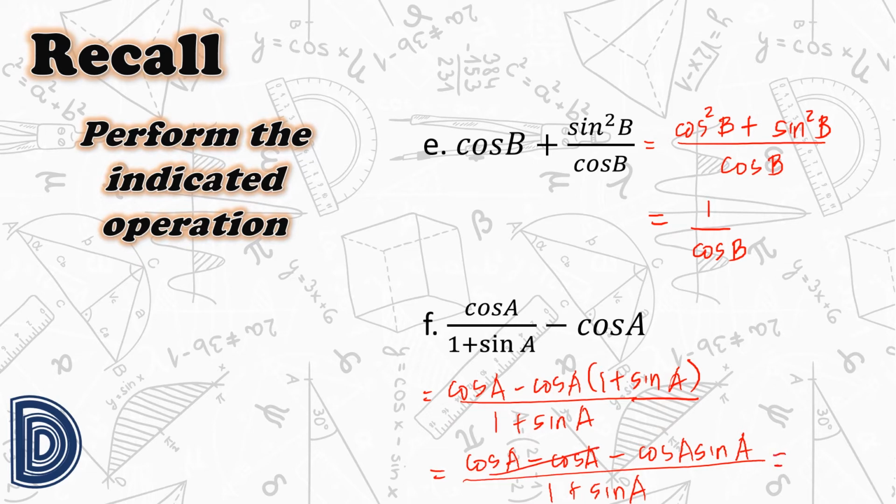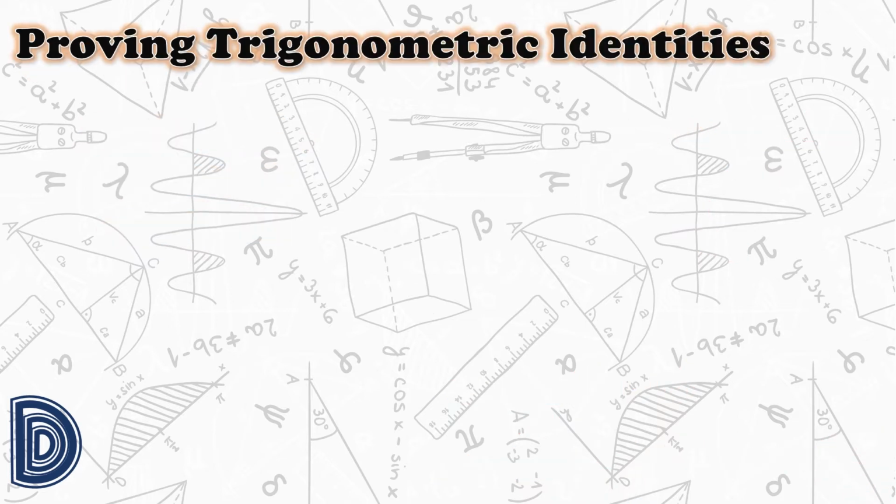Therefore, we have negative cosine A sine A over 1 plus sine A.